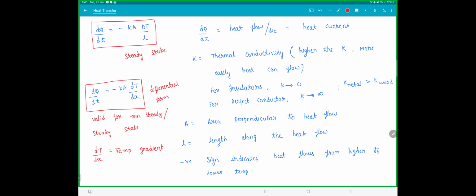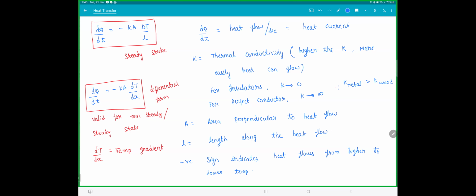So the whole conduction, we play with this formula only. Have a look at this. Clear?